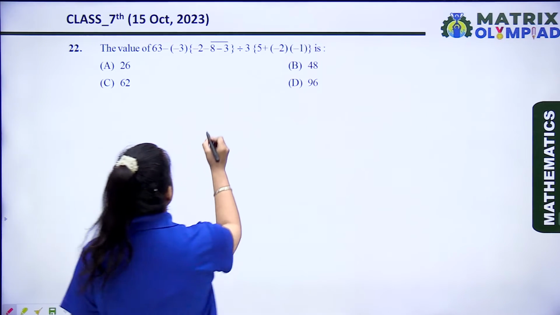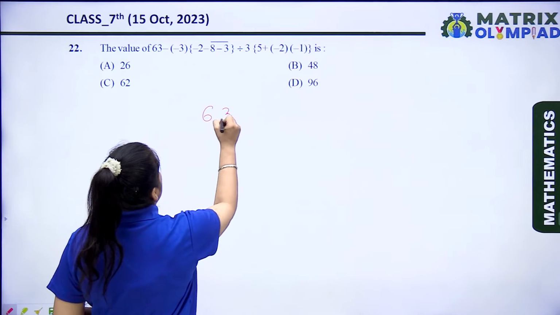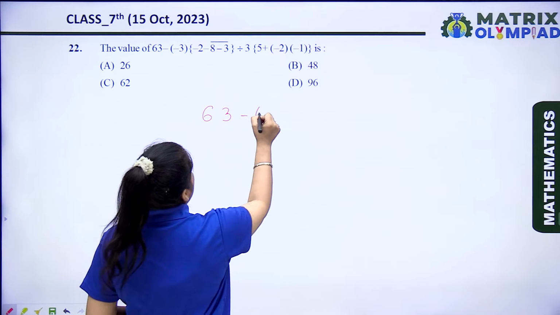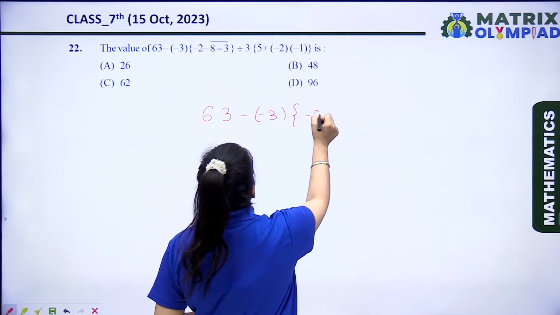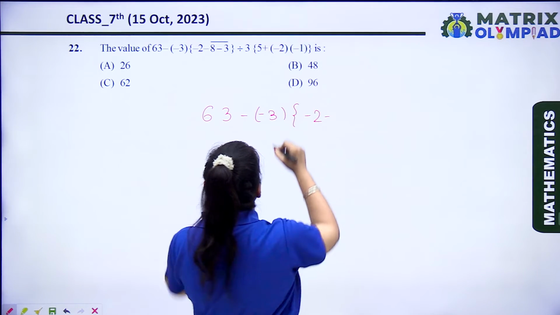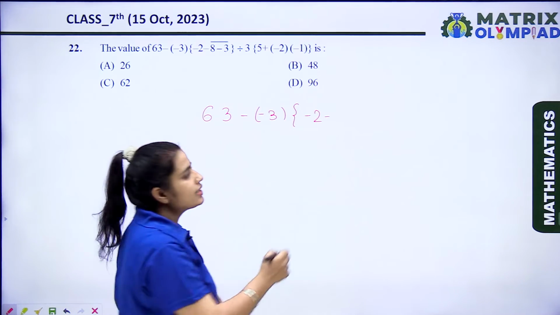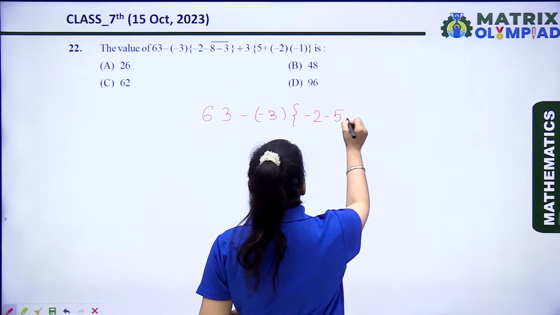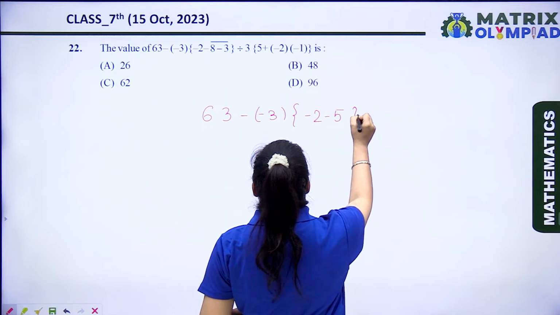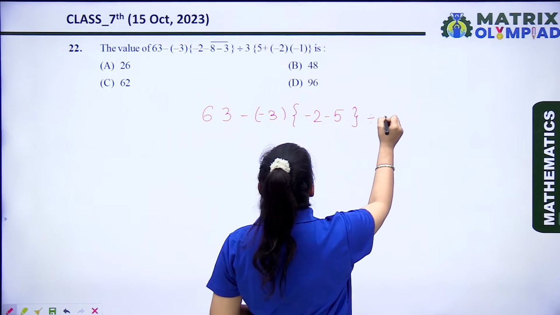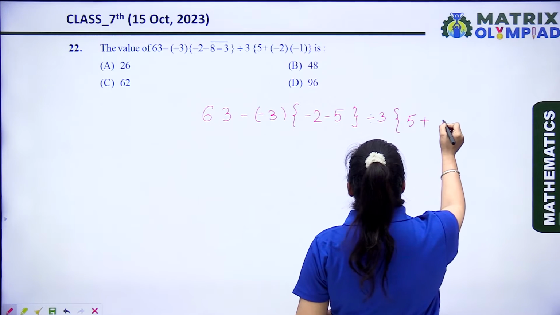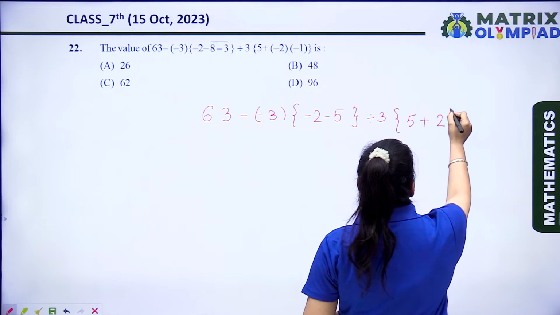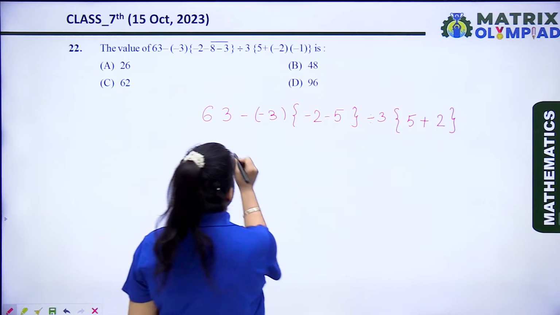Let's solve this expression with the help of BODMAS. So here, first we will solve the bar. 8 minus 3 is 5. Divided by 3. Minus 2 multiplied by minus 1 is 2. That is positive.